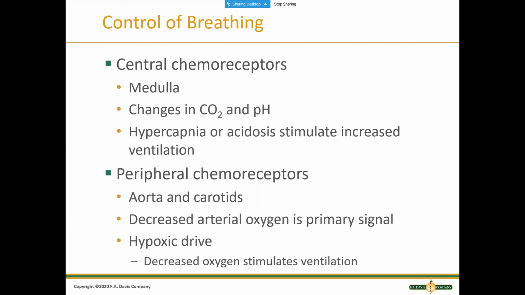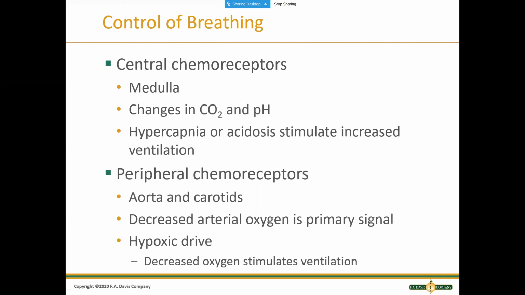If you put oxygen on them, because you're worried about their sats, they could stop breathing because you fixed their oxygen that's really low, but they're used to it being low. If suddenly they've got high flow oxygen in nasal cannula, you just erase that hypoxic drive to breathe, and they could stop breathing.